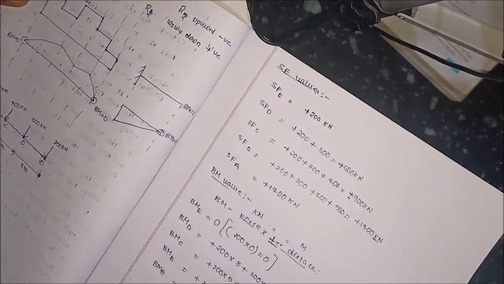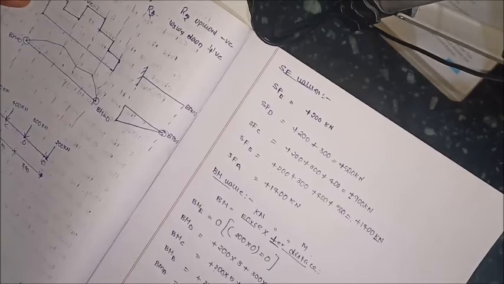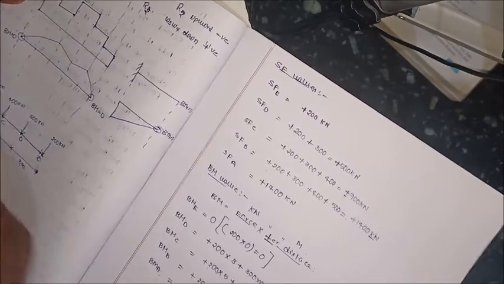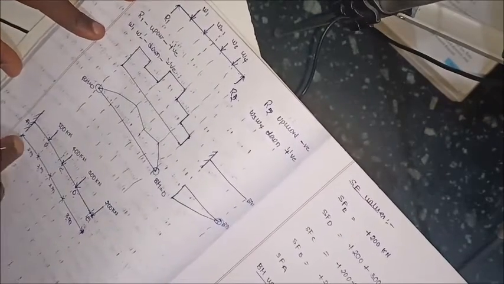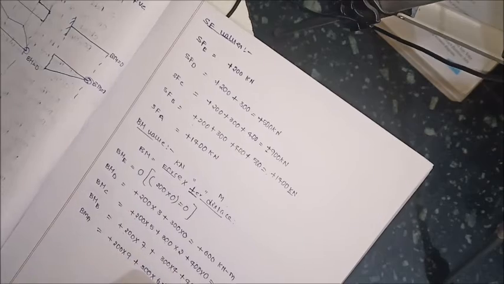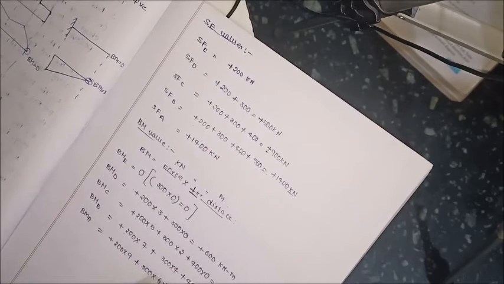Plus 400 into 2 plus 2, 4, plus 500 into 2.